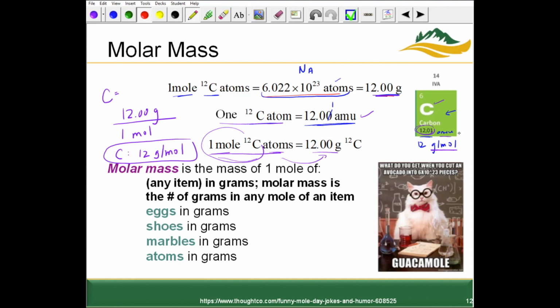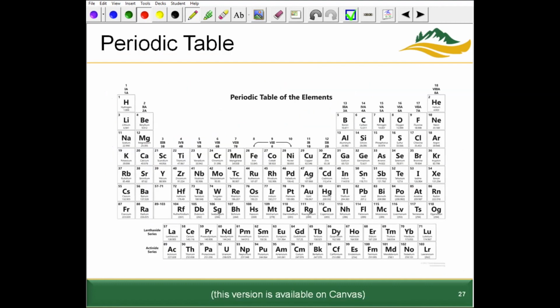So we can apply this same reasoning for every other element on the periodic table. For example, what about hydrogen? Hydrogen must weigh 1.008 grams per mole. Zinc, 65.38 grams per mole. Here's carbon that we've talked about.